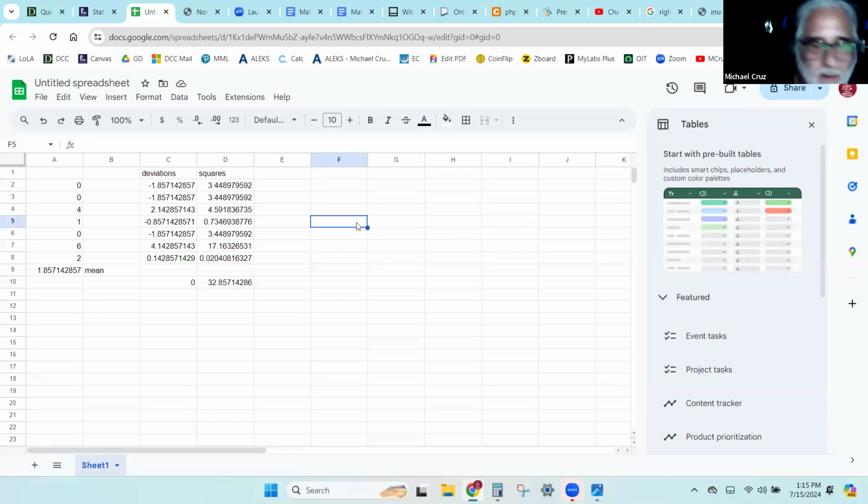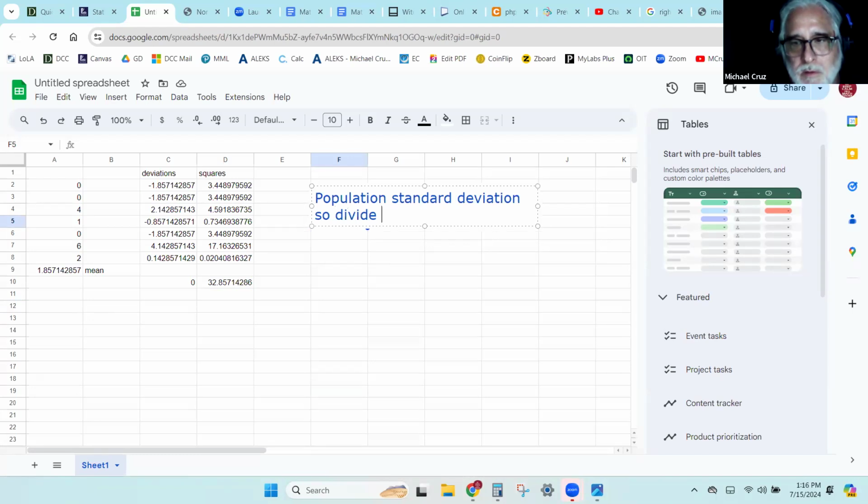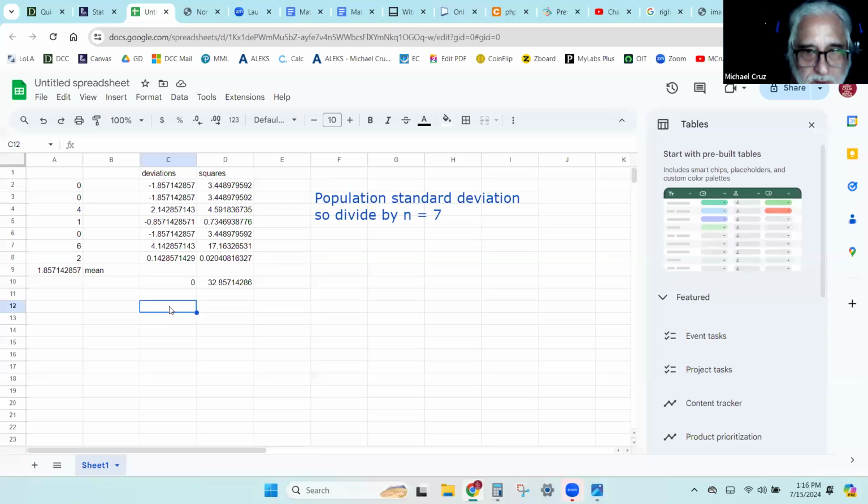This is the population, and I think they always do population. So we're just going to divide by 7. So this is the one divided by 7.